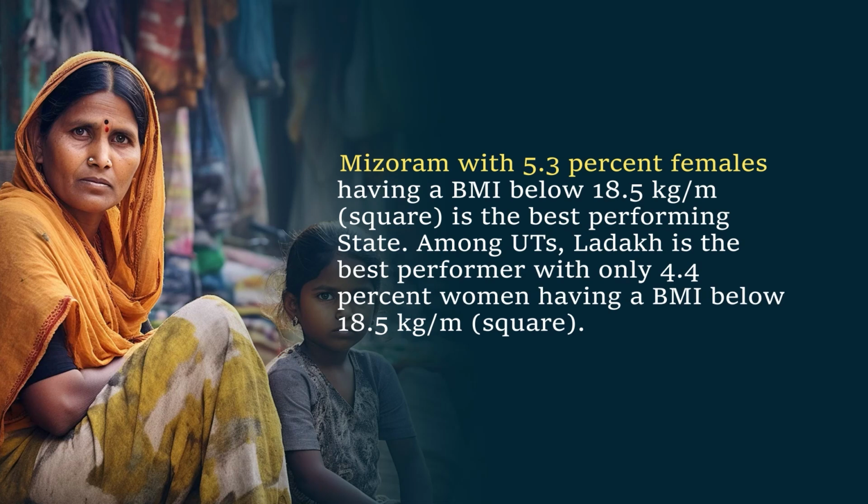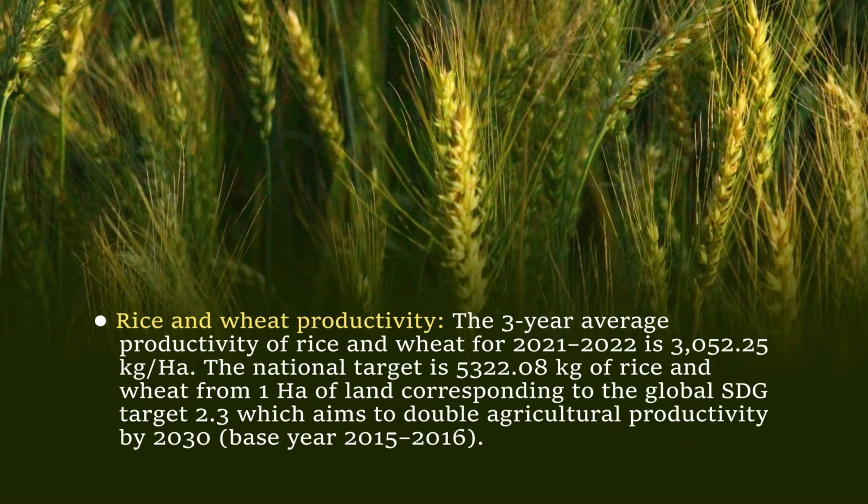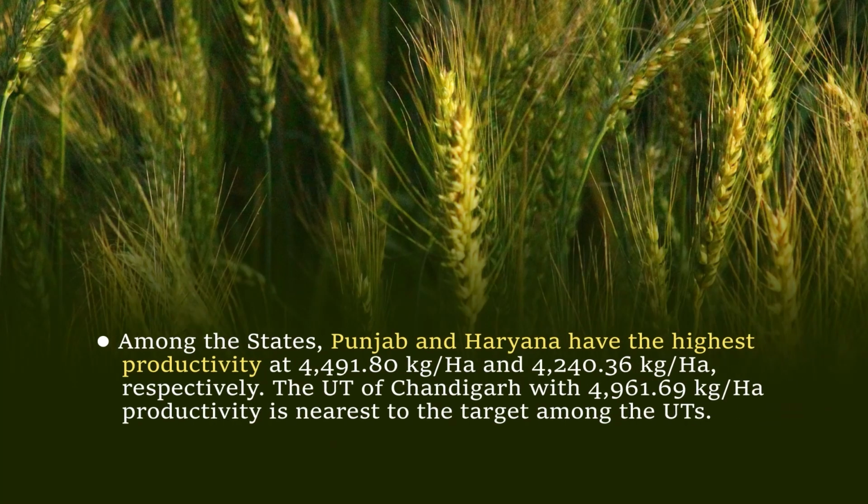Among the union territories, Ladakh is the best performing with 4.4% below 18.5 kg per square meter. When you talk about rice productivity, among the states Punjab and Haryana have the highest productivity.